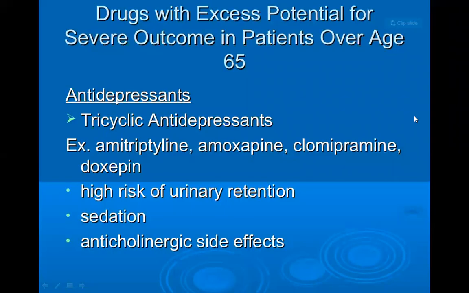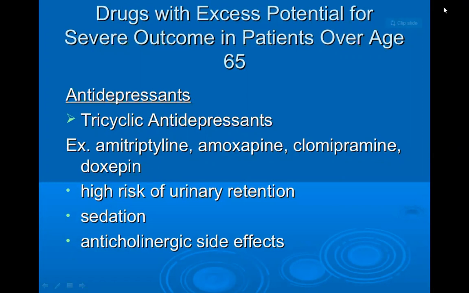Then drugs with excess potential for severe outcome in patients over the age of 65. At that time we will give antidepressant drugs. What is the function of antidepressant drugs?